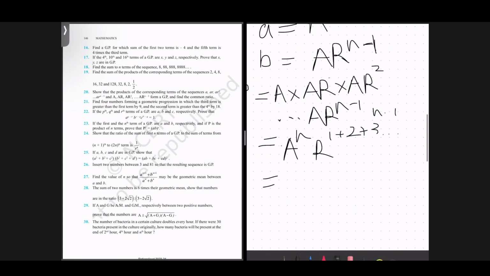This right here is an AP, and when you add up an AP with first term as 1, number of terms as n minus 1, and common difference as d, you are going to substitute the values in the summation of an AP, that is nothing but n upon 2 into the bracket 2a plus n minus 1 into d, and that is what I'm going to do here.